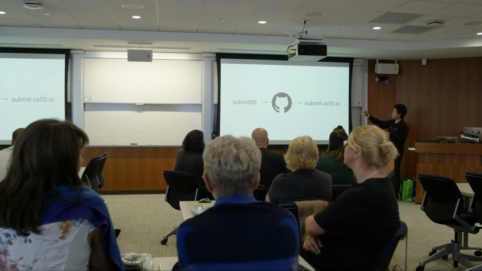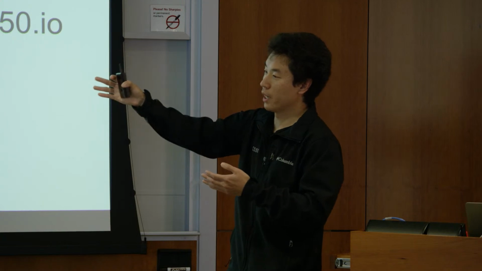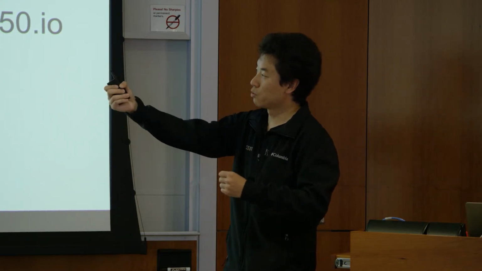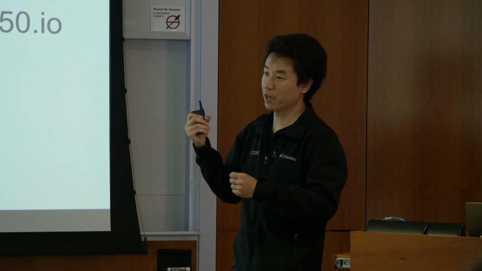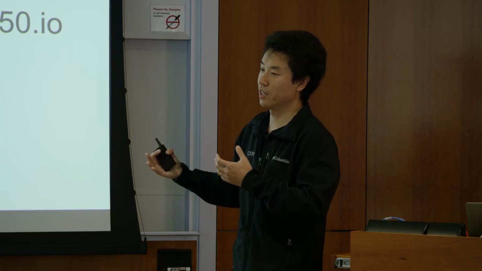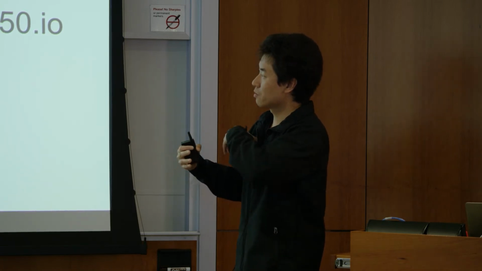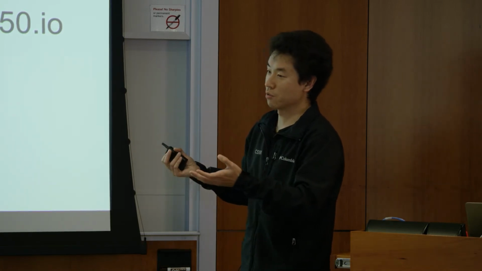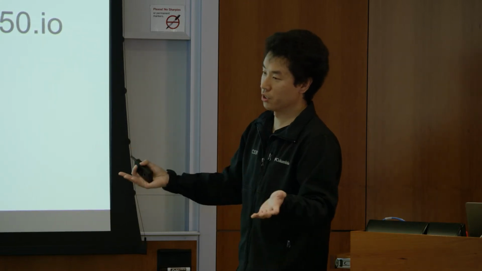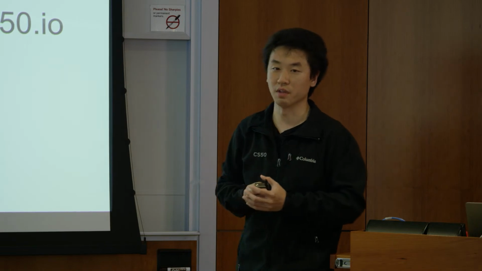Our web app will then go into that particular student's repository, that particular problem set. We will pull their code to our server and run Check50 on it, run Style50 on it, and then store the grading result in our system, and present it back to students or teachers via submit.cs50.io.